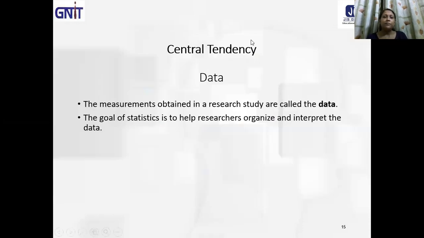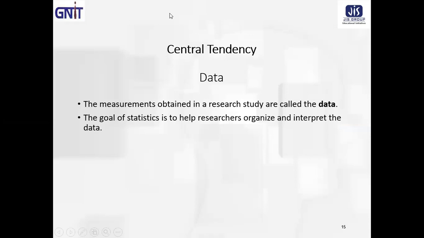Now we will look at central tendency. What is central tendency? The numerical value of an observation around which most numerical values of other observations in the data set show a tendency to cluster or group is called central tendency.